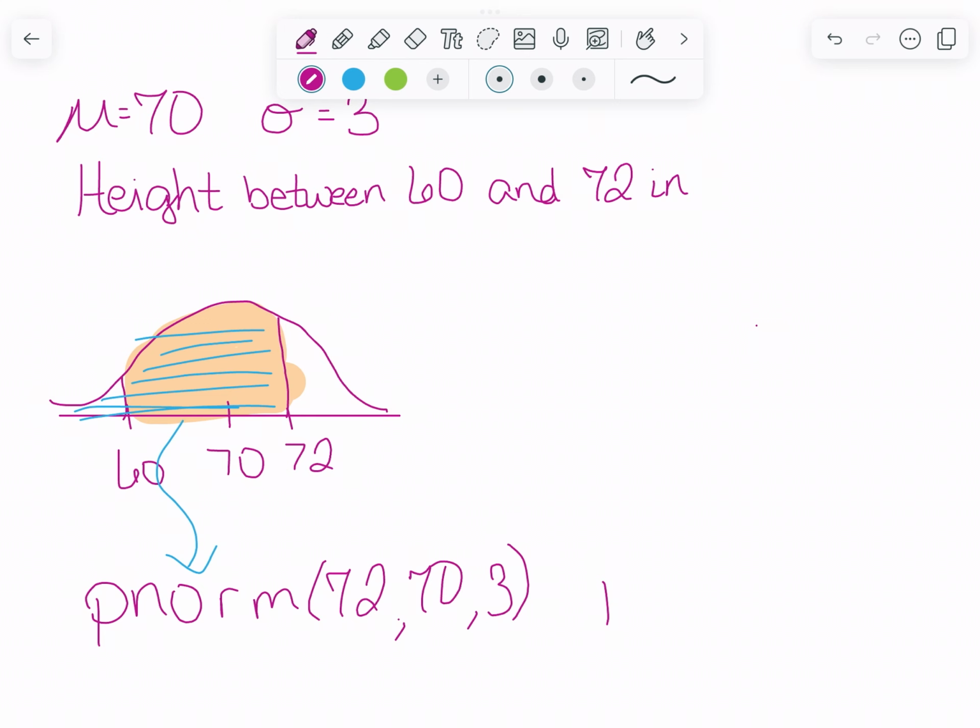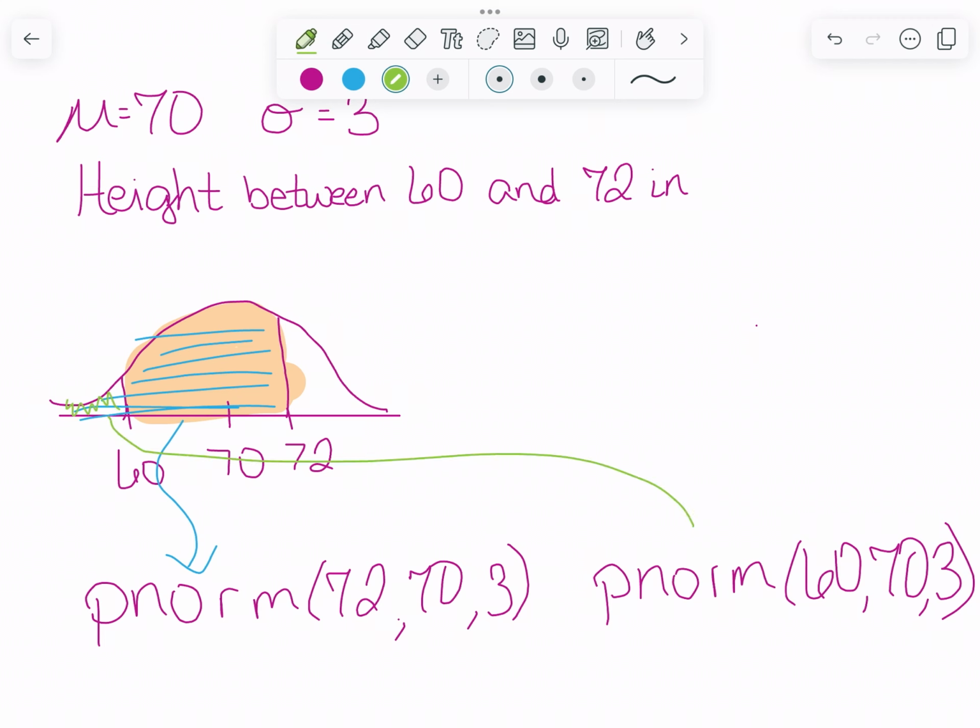If I try to use the 60 value, so I do pnorm of 60, comma, a mean of 70, and a standard deviation of 3, this is going to give me this area to the left of 60. So the first one gives me too much area, and the second one gives me the extra area that I don't want. So all I have to do is subtract these two to get the true value.